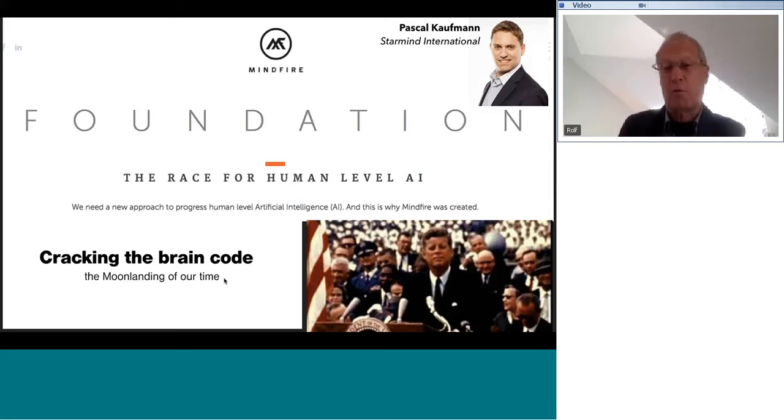And as a metaphor, you can see in the lower right, President John Kennedy, when he is announcing the moon landing program and saying, we are doing this not because it's easy, but because it is hard. And I think we have a similar idea about artificial intelligence.